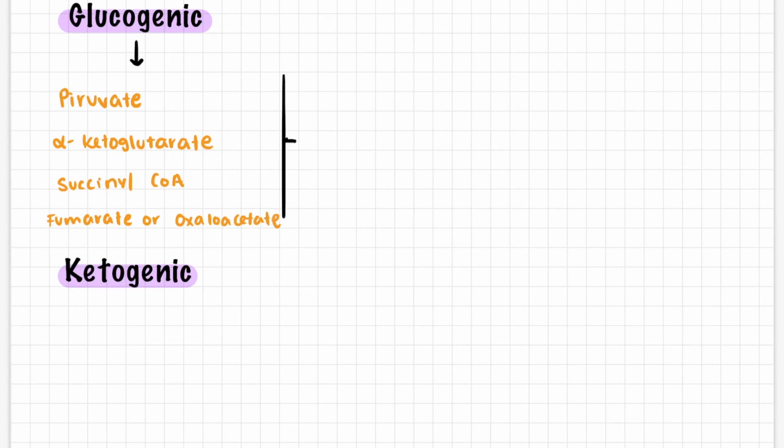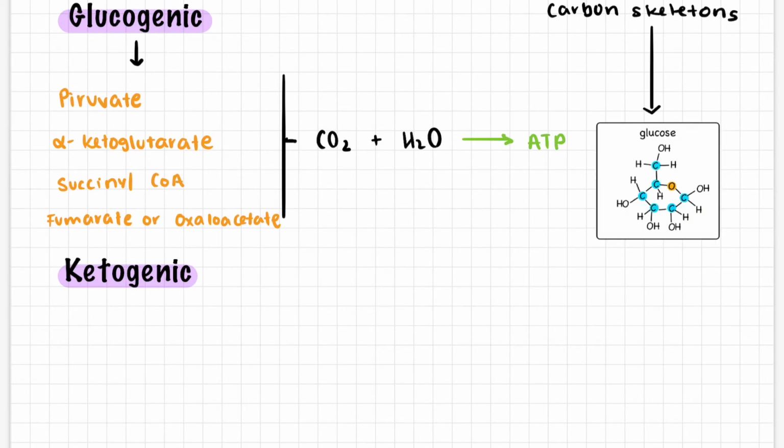Glucogenic amino acids are broken down into one of the following metabolites: pyruvate, alpha-ketoglutarate, succinyl-CoA, fumarate, or oxaloacetate, which can be oxidized into CO2 and water to generate ATP via the tricarboxylic acid cycle, best known as the Krebs cycle. Alternatively, the carbon skeletons from these metabolites can be used to synthesize glucose by the process of gluconeogenesis, hence the term gluconeogenic amino acid. Easy, right?